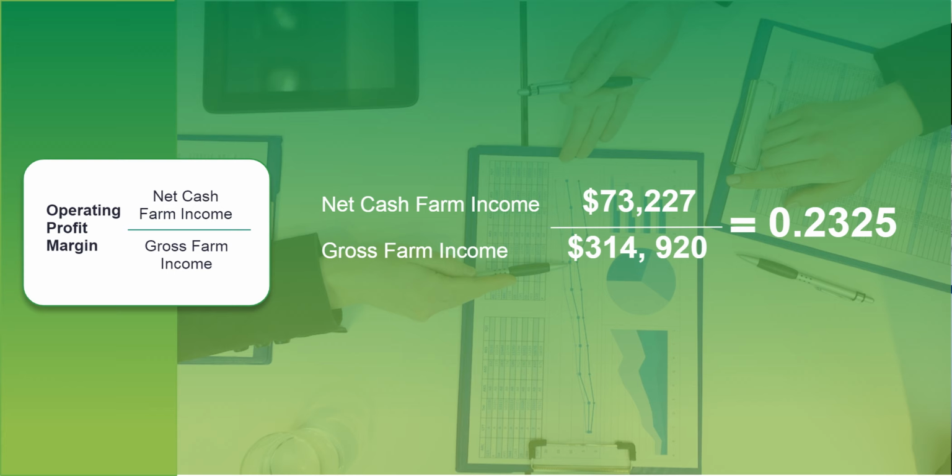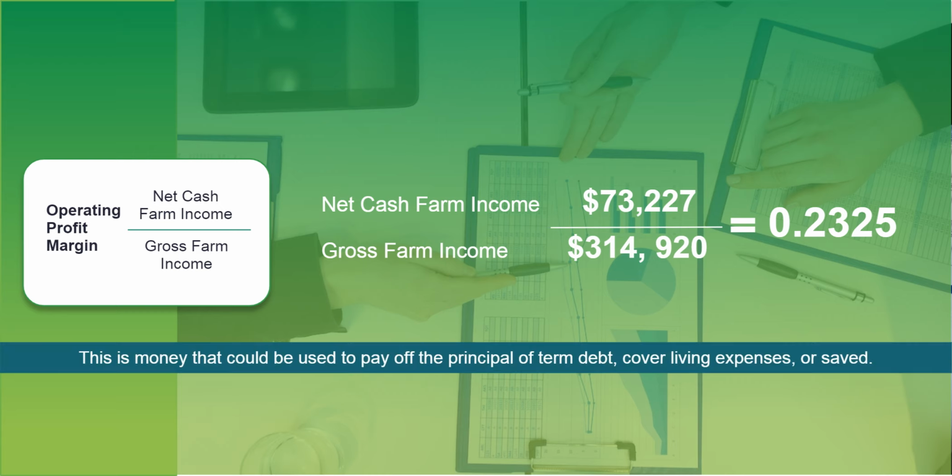In this example, the calculation shows that 23 cents of every income dollar could be profit. This is money that could be used to pay off the principal of term debt, cover living expenses, or saved.